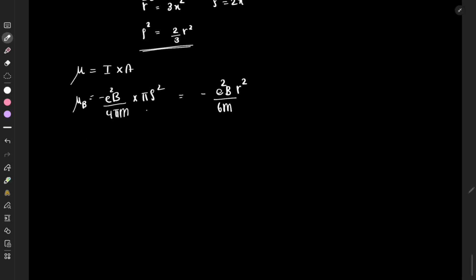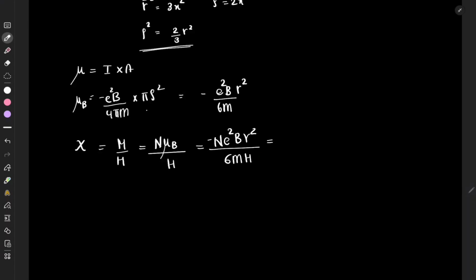In order to find susceptibility, which is nothing but M by H, M is nothing but n mu B, divided by H. So we can say this as minus n e square B r square divided by 6 m H, where B is nothing but mu 0 H. There are so many terms you have to remember.